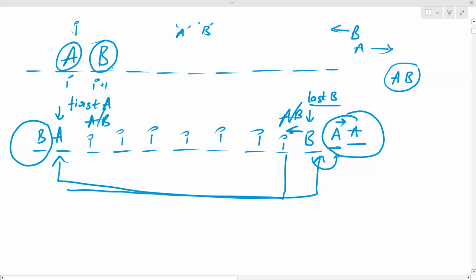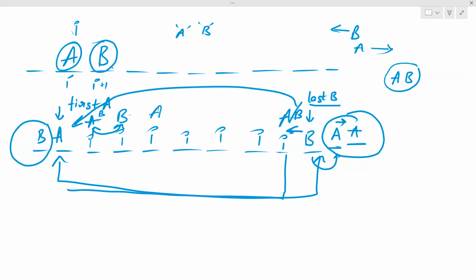Now let me explain how. If there is an A here and somewhere here it's a B, I can always swap these two, right? It's always possible for me to bring this B to this place, irrespective of what is in between, A or B. This A will come here, this B will come here.